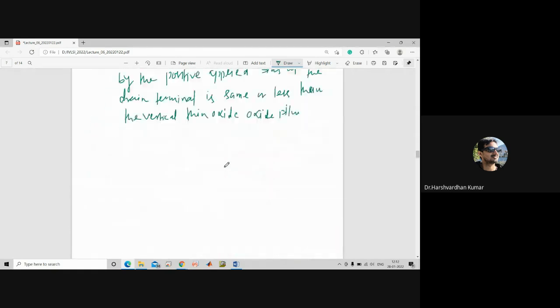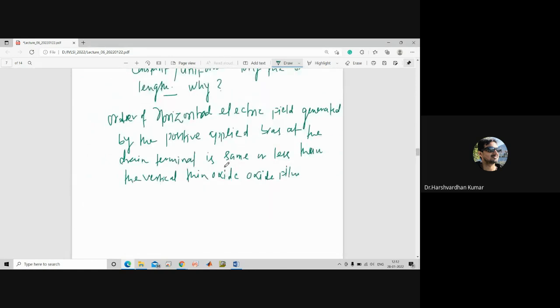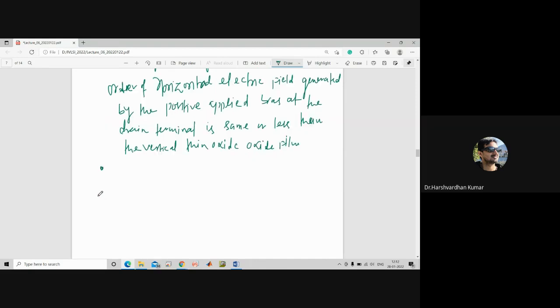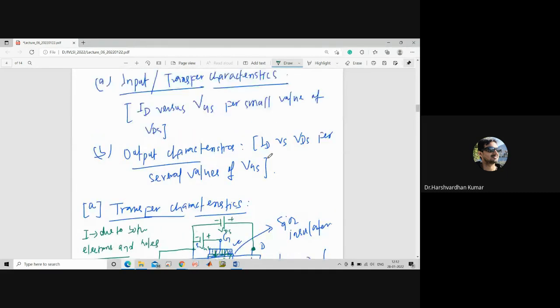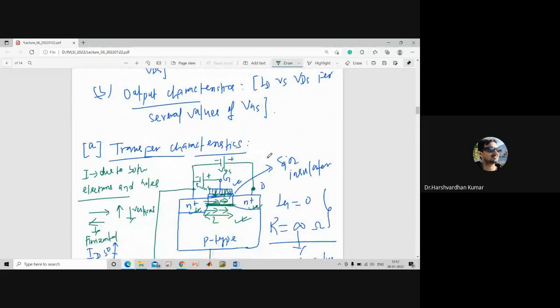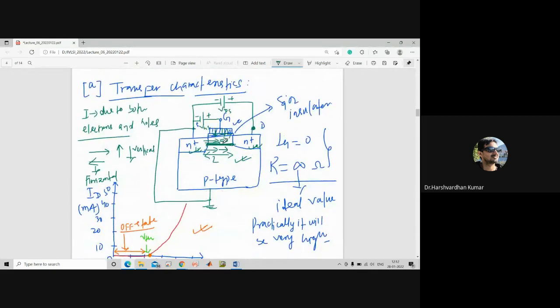Now mathematically you can also understand here. In this state, if you see the device structure, you can conclude that because of the inversion layer, the drain and source of the device are short circuited. If there is no channel, then what will happen?